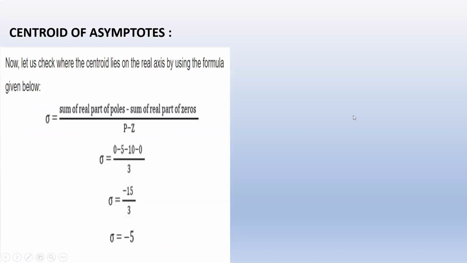Moving on to step number 5, we have the centroid of these asymptotes. All of these asymptotes meet at a single point on the real axis, and that point we need to find out. The centroid is given by rule 5, which is the sum of real parts of poles minus the sum of real parts of zeros.